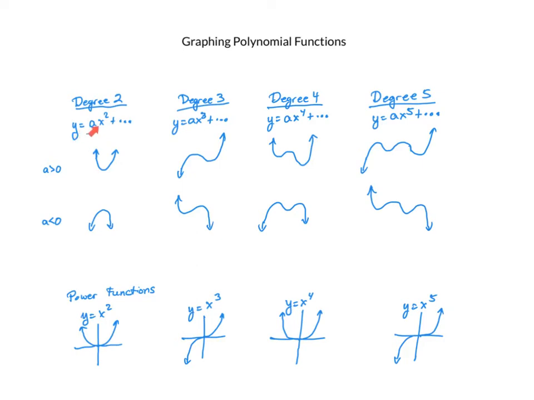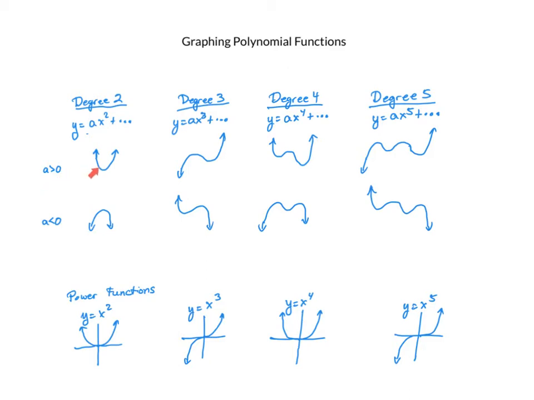So when we have a second degree polynomial, we expect it to look like this when we graph it. A third degree polynomial would look like this, 2 turning points at most. We know it can degenerate and look like its power function, that is this. Similarly, our fourth degree can have 3 turning points, and our fifth degree can have 4 turning points.